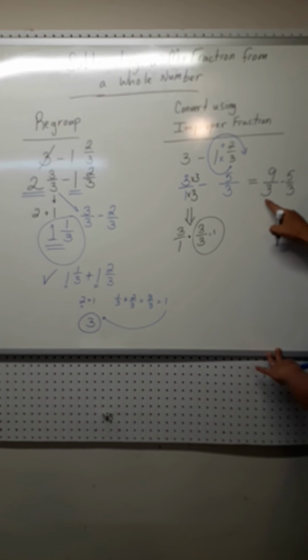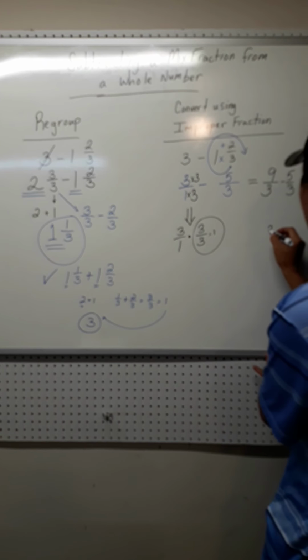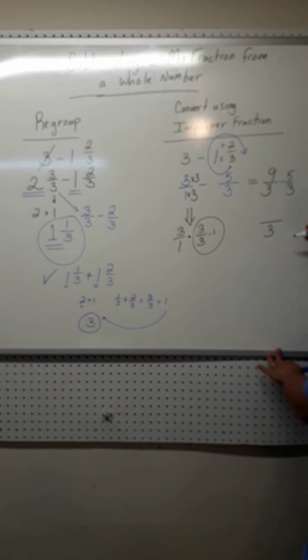Now, since I have the same denominator of 3 in this example, I know that I'm going to keep it, and that gives me the green light to say I can now subtract the numerators. 9 minus the 5, which is 4.